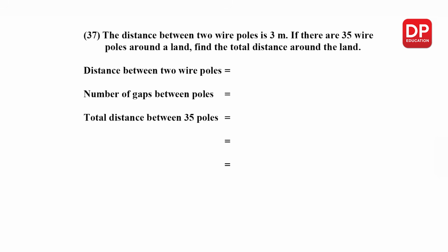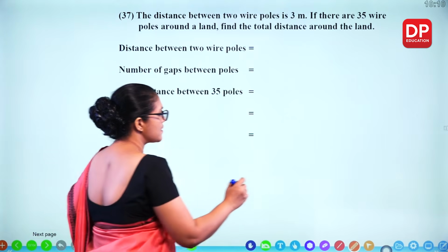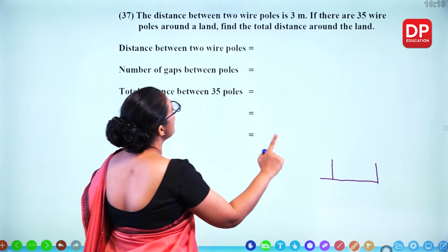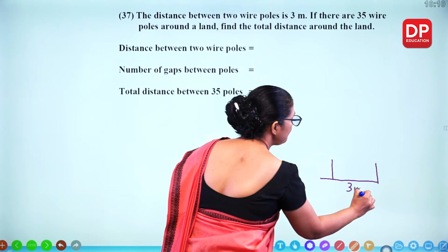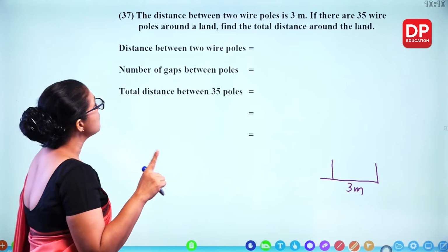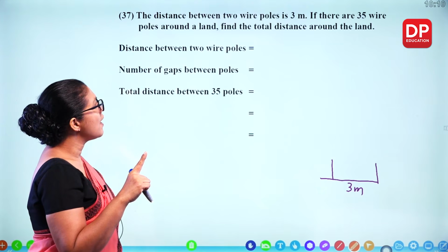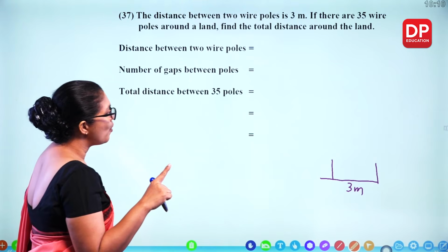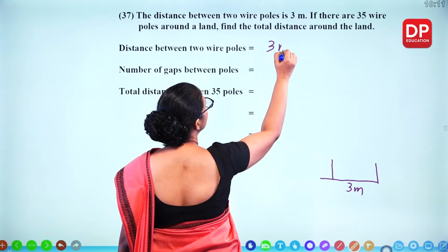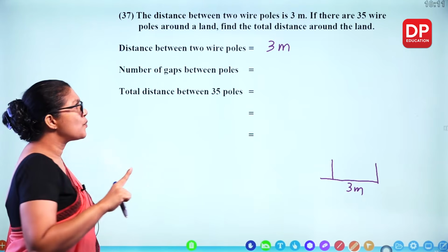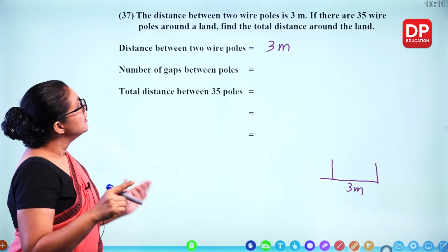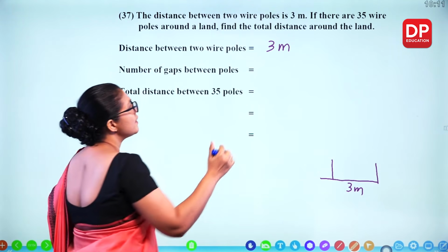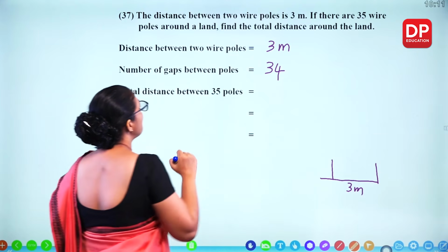The distance between two wire poles is 3 meters. So again, like a light post, the distance between two wire poles is 3 meters. If there are 35 wire poles around a land, find the total distance around the land. What's the distance between two wire poles? That's 3 meters. Number of gaps between poles? 35 wire poles are there, so 34 gaps are there.